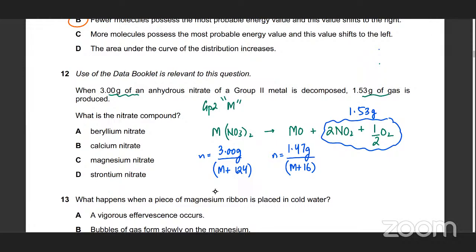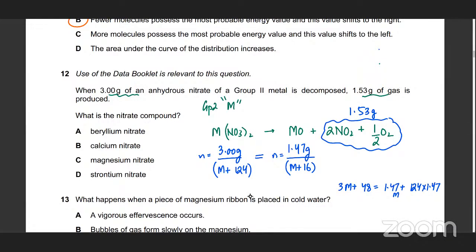So it's going to be 3 times, just make them equal and start solving. So it's going to be 3M plus 16 into 3, that's 48. And on the other side, it's going to be 1.47M and 124 times 1.47. And you can make M, this was M, 1.47M.